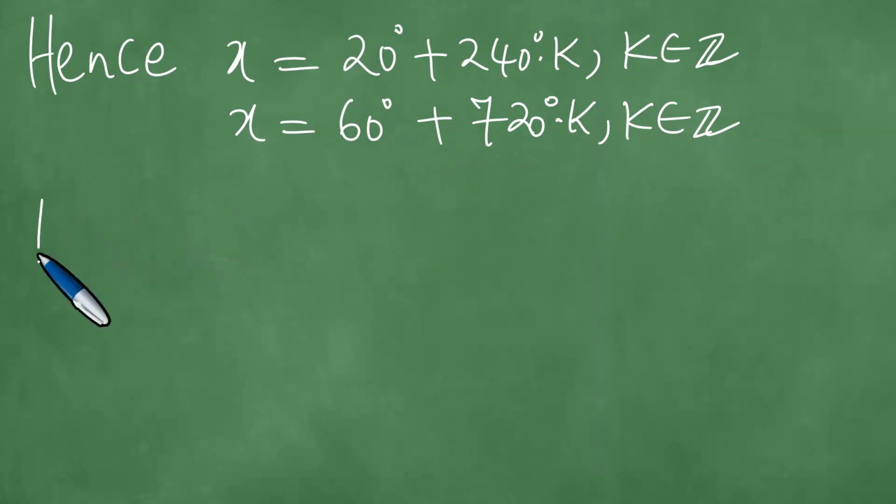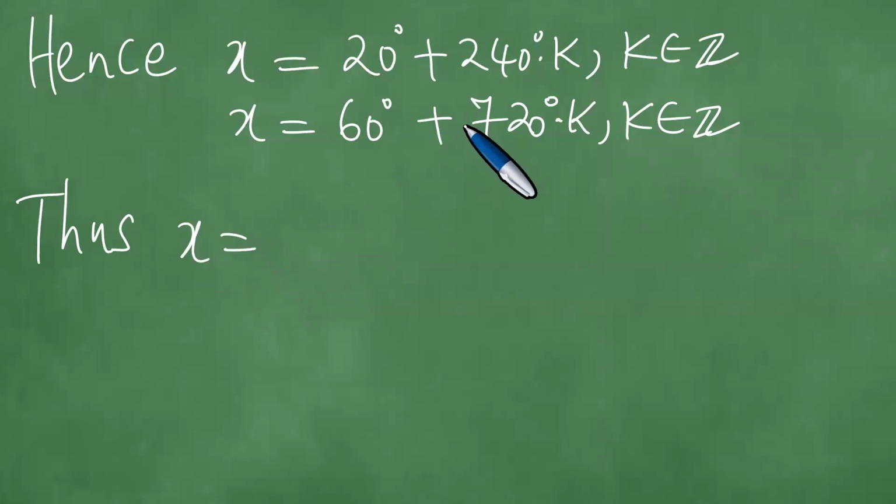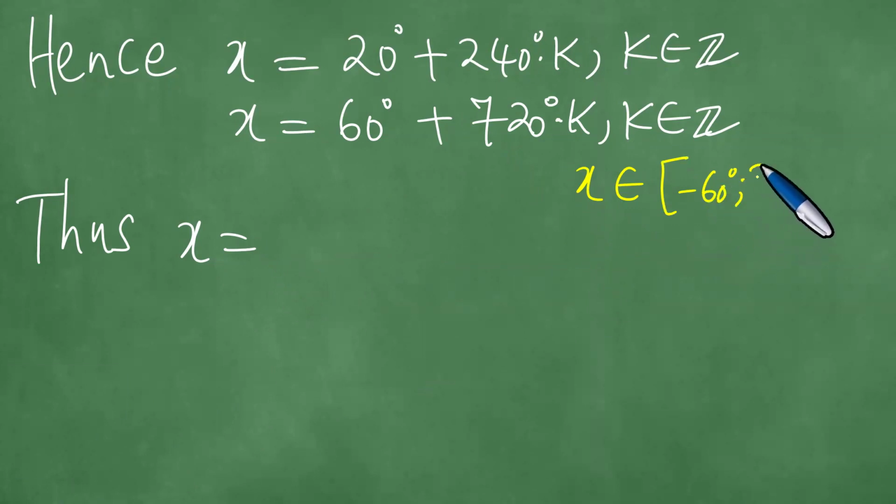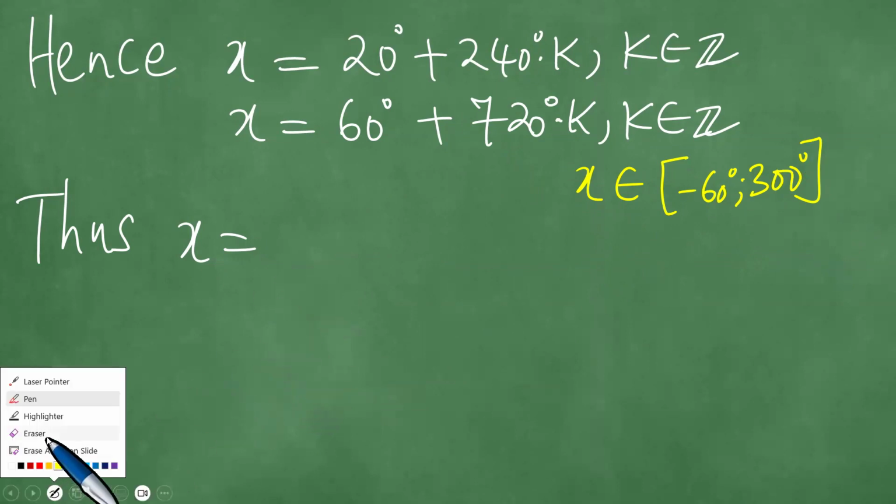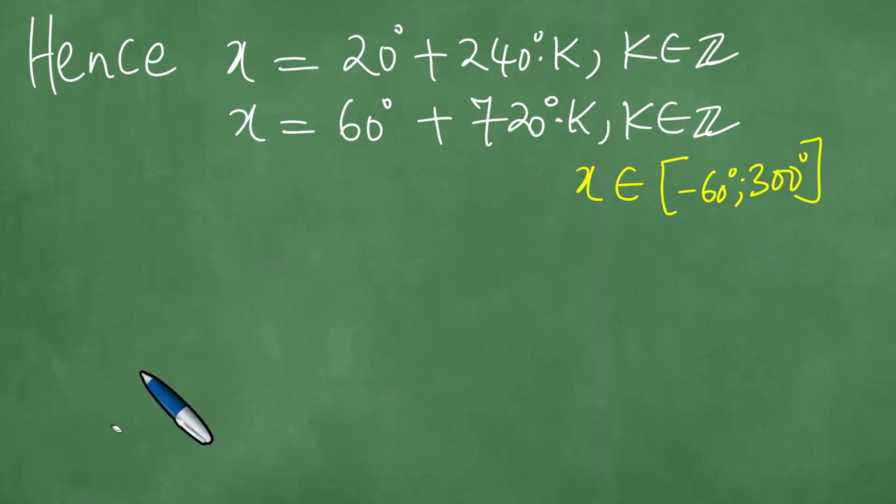And now, thus it follows that x equals, remember that our interest is in finding solutions that lie in the interval minus 60 degrees up to 300. So which means that here we shall have the following solutions.